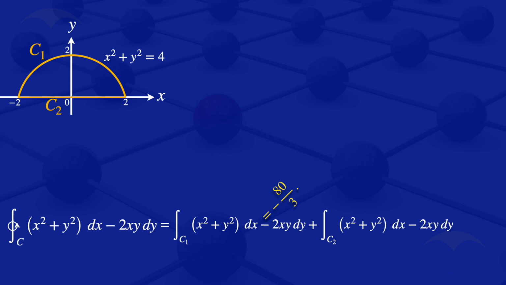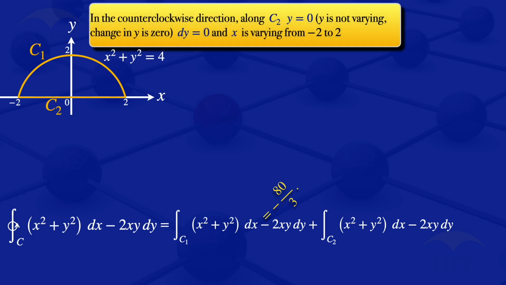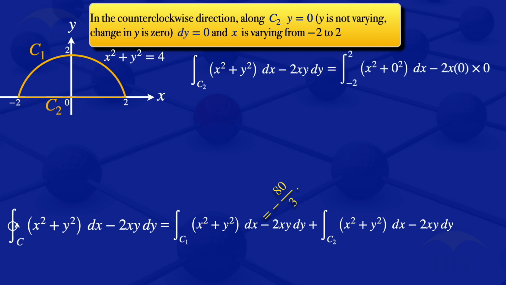So we can now move on to the integral along curve C2. What you can see in the counterclockwise direction along C2, y is 0. Therefore our dy will be 0, and x is varying from minus 2 to 2. So to evaluate the integral of x squared plus y squared dx minus 2xy dy along the curve C2, we substitute the values that we are having there, and we have the integral from minus 2 to 2 of x squared plus 0 squared dx minus 2x times 0 times 0.